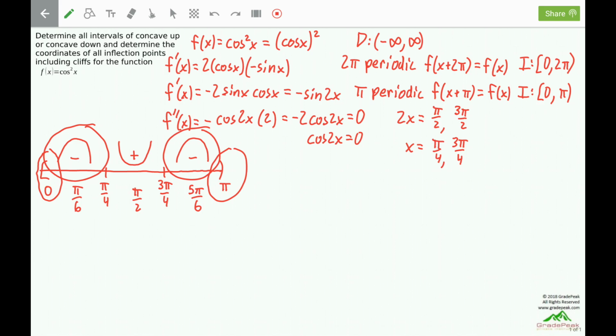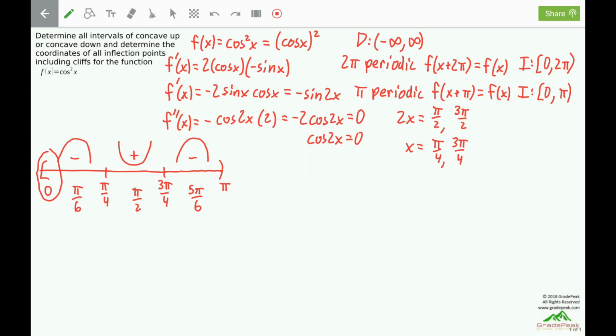So there's an interval to the left of 0 that will also be concave down that will connect to it. Notice that the width of this interval from 3 pi over 4 to pi, which is 4 pi over 4, is pi over 4 radians. So there's going to be an interval to the left of 0 of pi over 4 radians in width that's also concave down that will connect together to it.